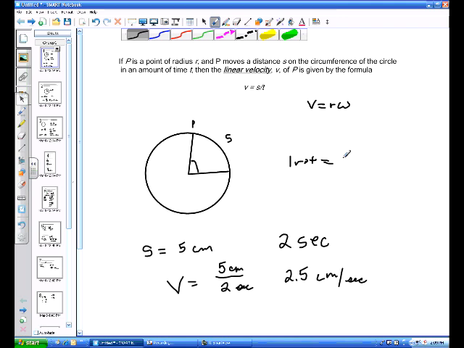And so if you were given revolutions per minute, then you had to change that to radians per minute. And so it would be 2 pi radians. And dealing with this, we can look at how things change, how the angle changes, and then how fast points on the edge move. But always begin with a formula and then substitute in what you know. If there's something then that you don't have, look at your formulas to see how you can solve for that.